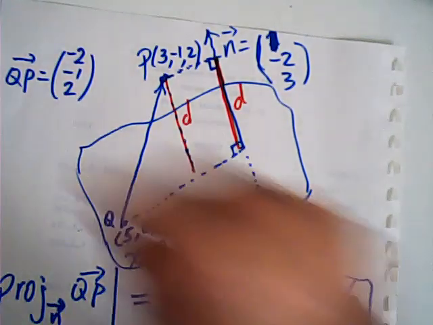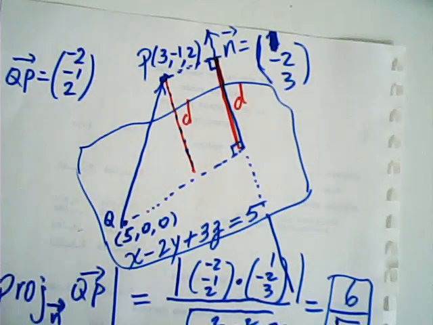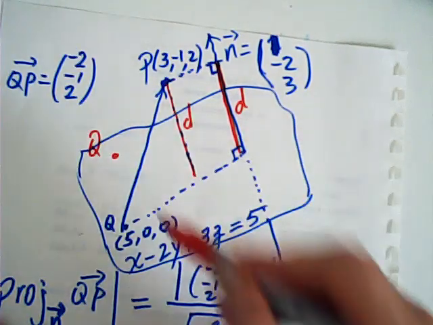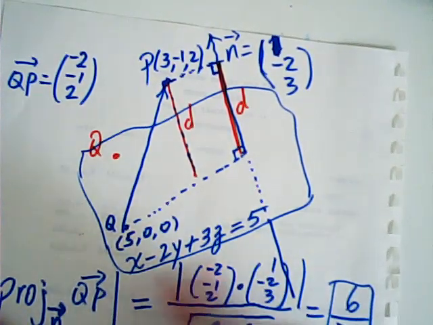Now, suppose you choose a different point. Suppose we choose another Q, another point from the plane.